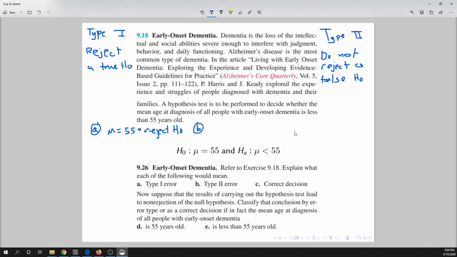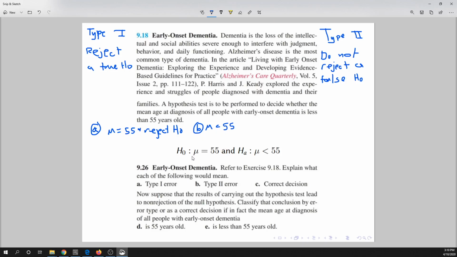In part B, they want to know what a type 2 error would look like. A type 2 error in this situation would be that mu is not equal to 55, but is less than 55.